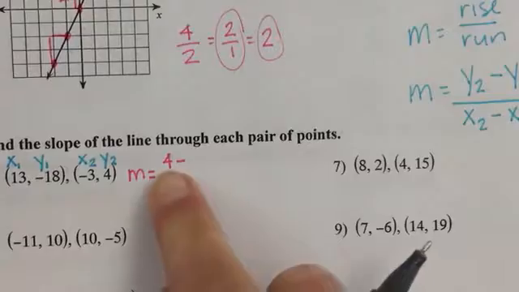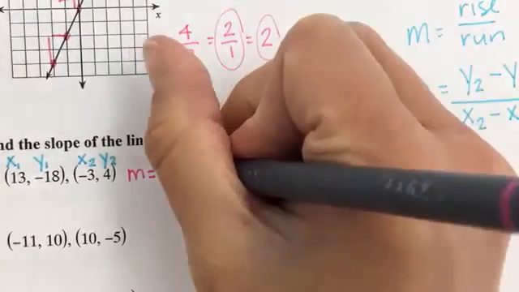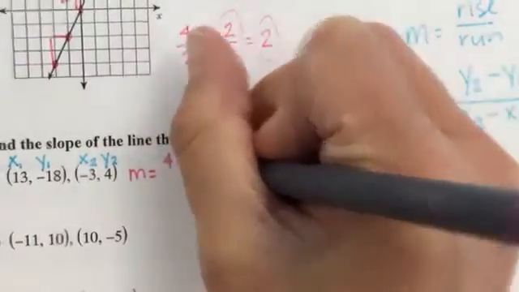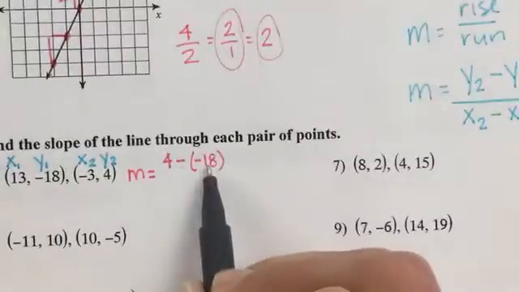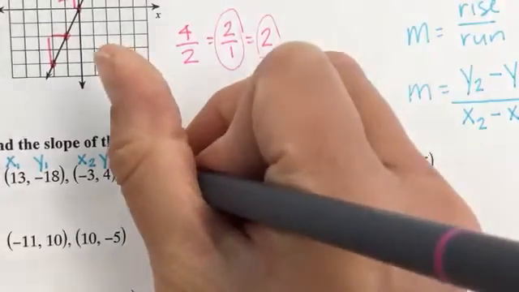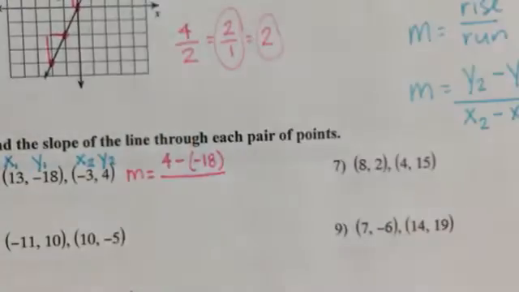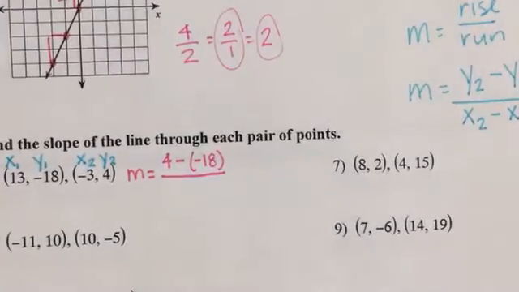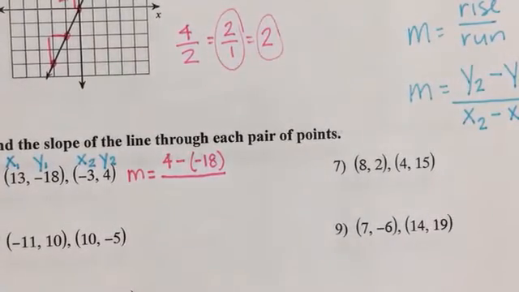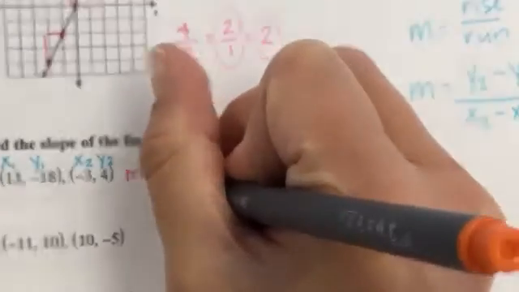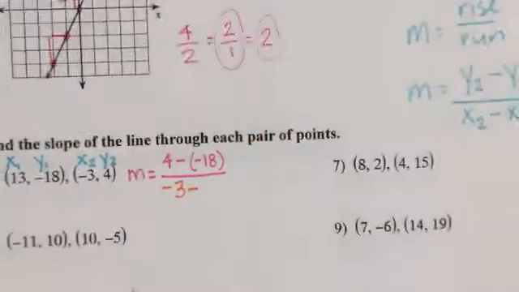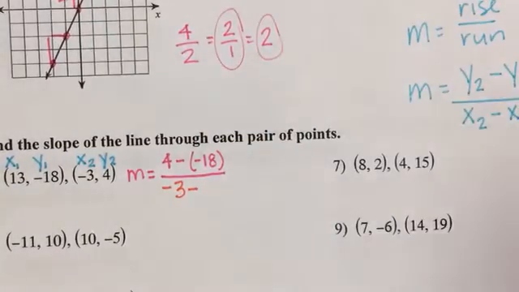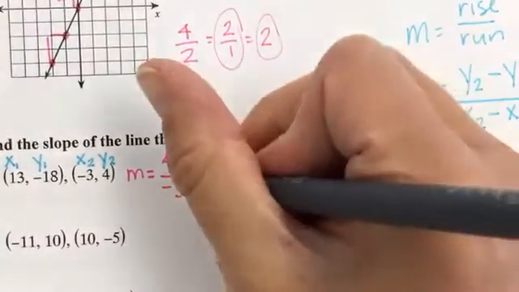So I'm going to write 4 minus negative 18 because I took y2 minus y1. That's on the top. Okay, Kira, what is my x2? Negative 3. Perfect. So I'm going to put a negative 3 on the bottom, and then it's going to be minus, and then Tori, what's my x1? Just positive 13, that's right.